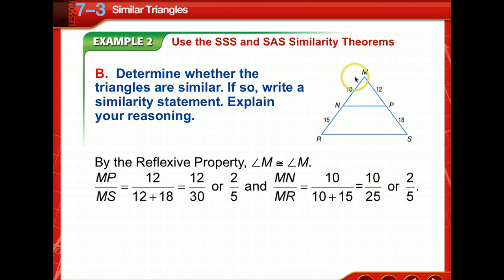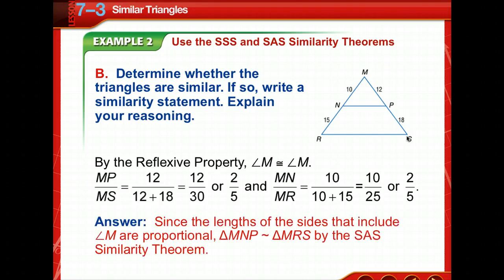So we can say that MP is to MS, so 12 over 12 plus 18, and then again we're going to use MN to MR, so 10 over 10 plus 15, and we get 2/5 for both of those. So we have a side, the included angle, and a side. Since the lengths of the sides that include angle M are proportional, triangle MNP is similar to triangle MRS by the side-angle-side similarity theorem.